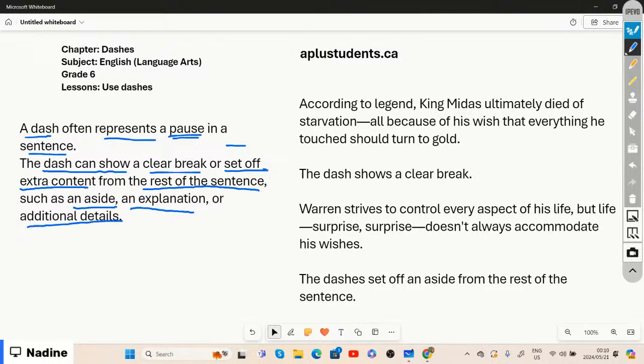So sometimes we might have our sentence, but now we'll have a dash, which shows a pause. And after that pause, we will maybe show the explanation or other additional details, or other information that we set on the side.